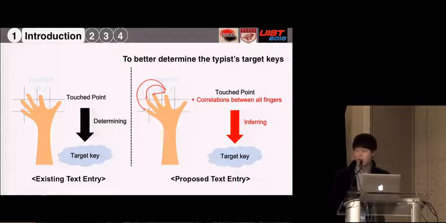However, in our case, we decide a target key by using the correlations between all fingers as well as the touch point. We think that these correlations can help to determine the typist's target keys. Furthermore, these correlations may help mitigate the vertical typing errors.